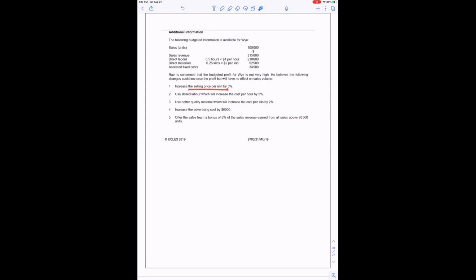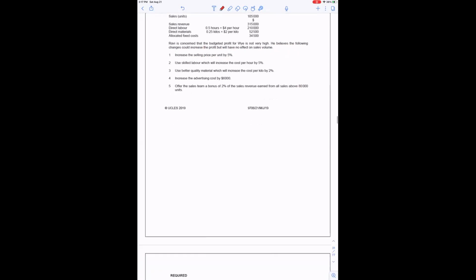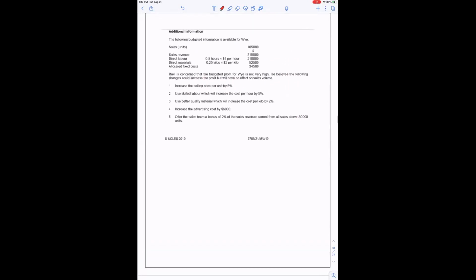He wants to increase the selling price per unit by 5%. First, let's see what the actual budgeted profit is. From the sales, when I subtract the variable cost, that is direct material and direct labor, I get the contribution.